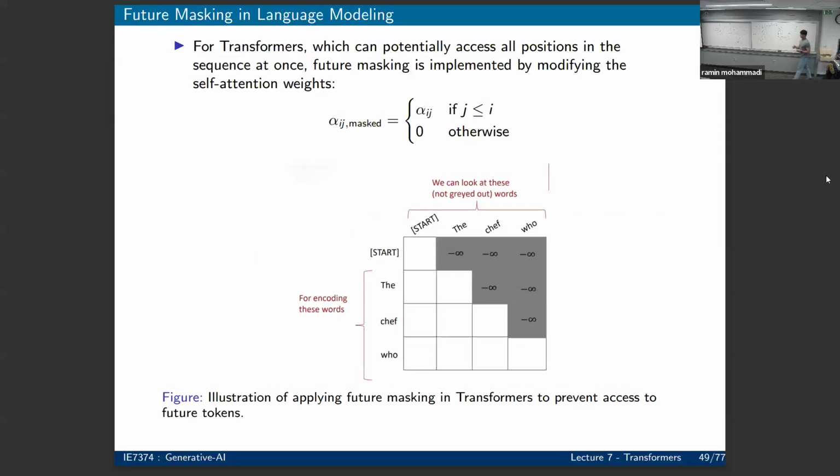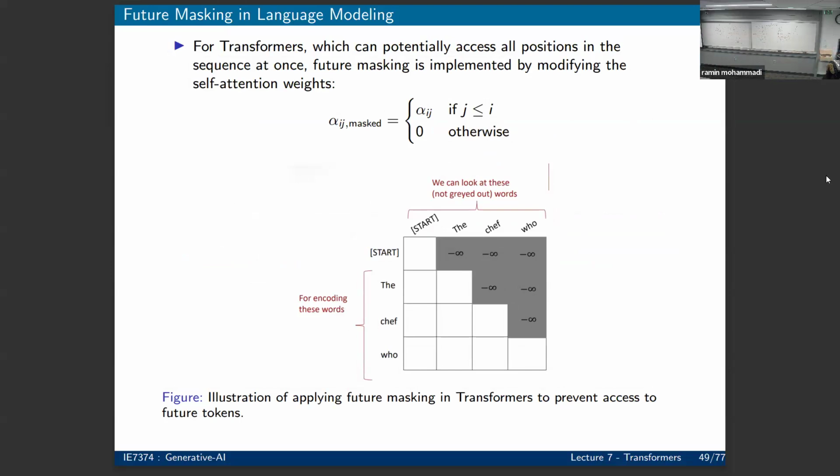For example, there are two ways of doing it. One way is that when you do masking, you look at the index. If the key index is less than the query index, you keep the attention. Otherwise, you set the attention to 0. That means I know this is a next word, so I'm not going to attend to it.